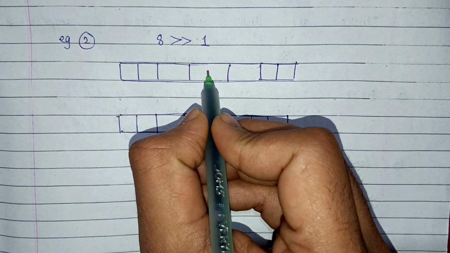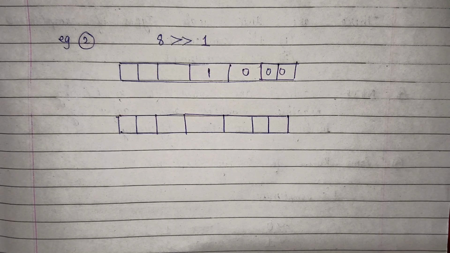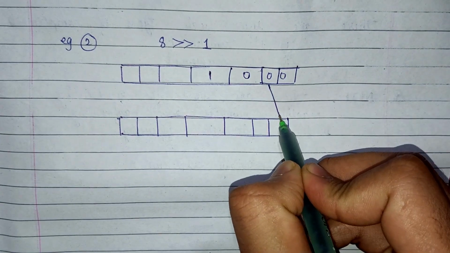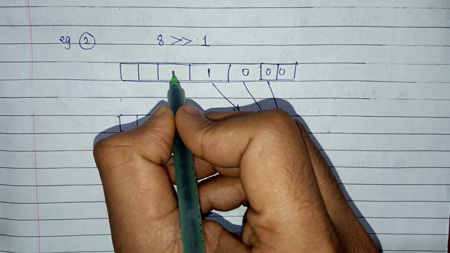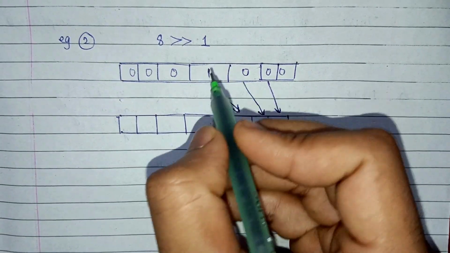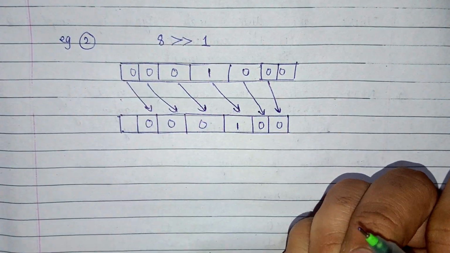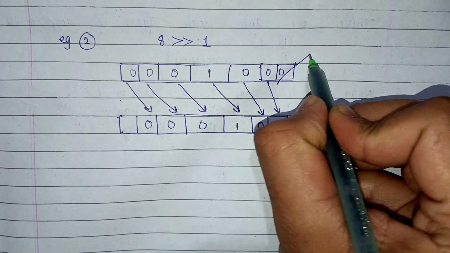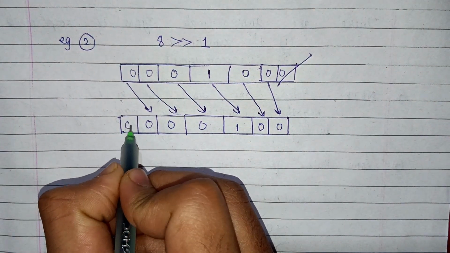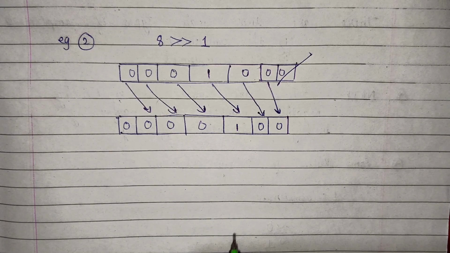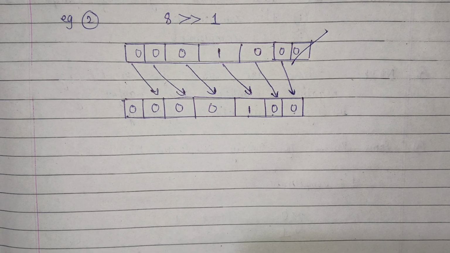The binary representation of 8 is 1 0 0 0, and we shift its bits to the right side, so this 0 will come here, this 0 will come here, 1, and the rest of the elements are zeros. This last 0 gets discarded and the remaining spaces are filled with zeros. So the output that I get is 100.